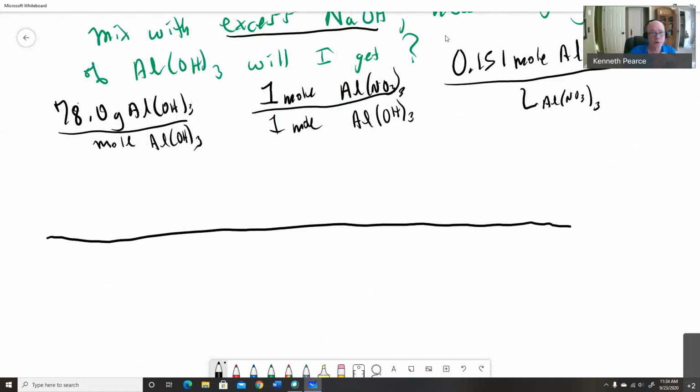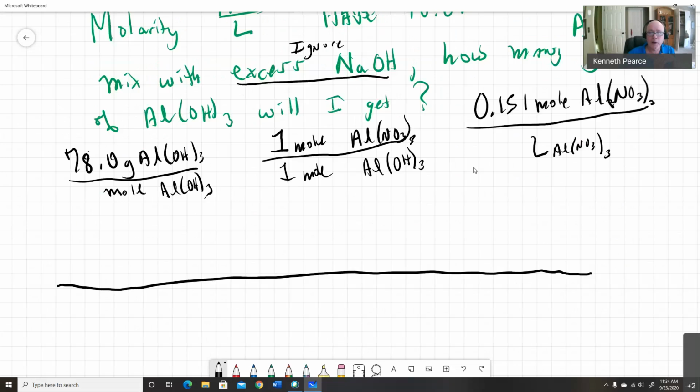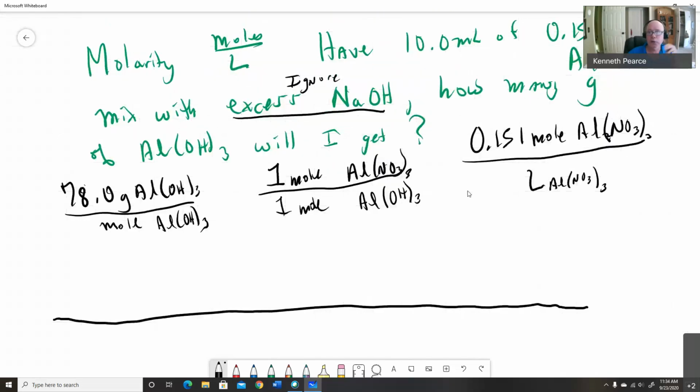And we draw a really long line, and we start with our measured number. What is our measured number? And so we go back up here, and our measured number is 10 milliliters. It's the 10 milliliters that you measured out. Now, the one thing that I hadn't mentioned, though, is that you need to convert your milliliters to liters.